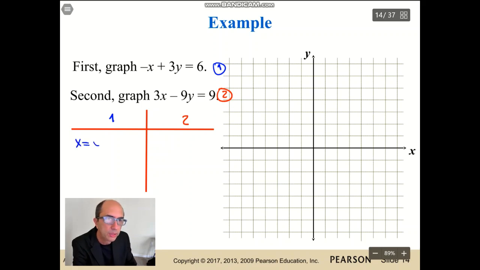If x equals 0, y equals, and then you calculate here, using the addition property and multiplication property, you're going to find y equals 2.